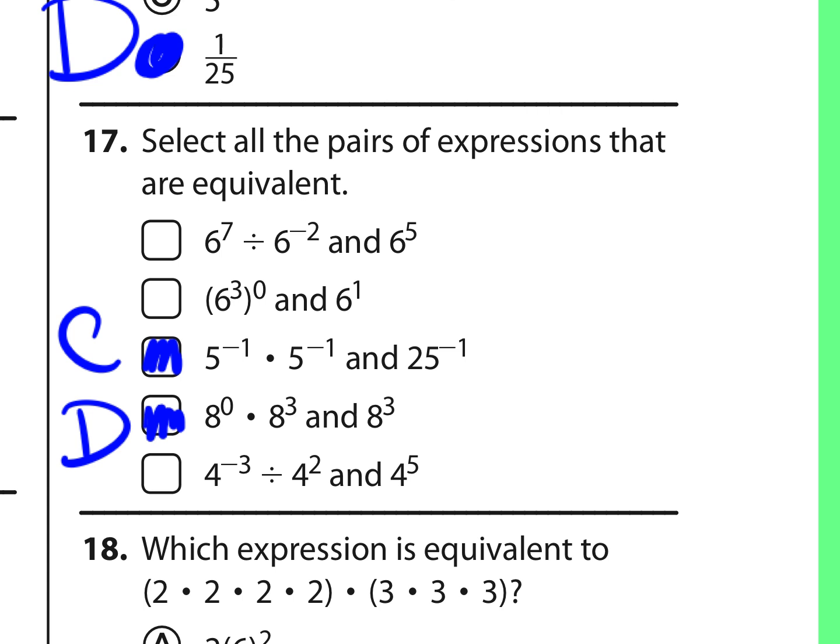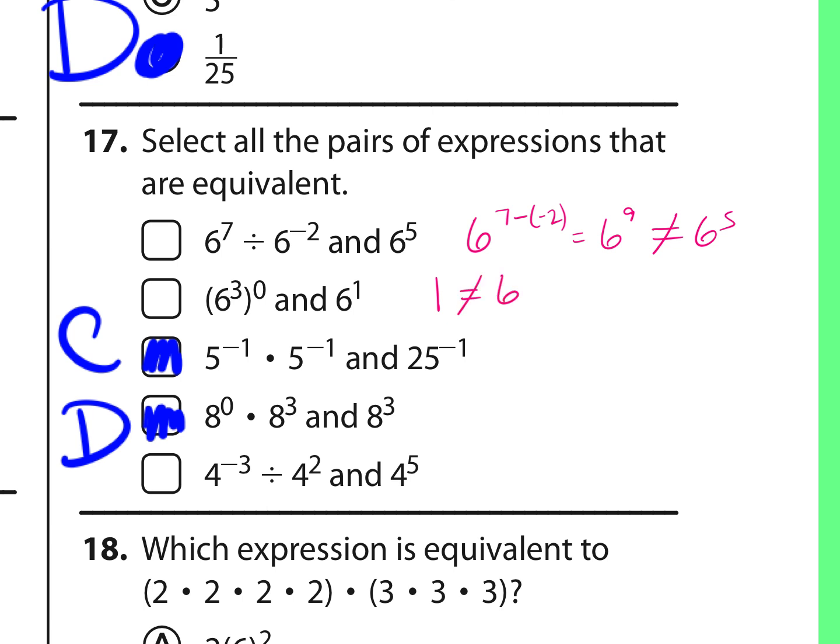Number 17 is a similar problem and we'll go through it a little more quickly. We are dividing like bases on the first choice, so we're going to keep the base. 7 minus negative 2 is like saying 7 plus 2, which is 9. Is that equal to 6 to the 5th power? No. The next choice, anything to the 0 power is 1. Is that equal to 6 to the 1st power?